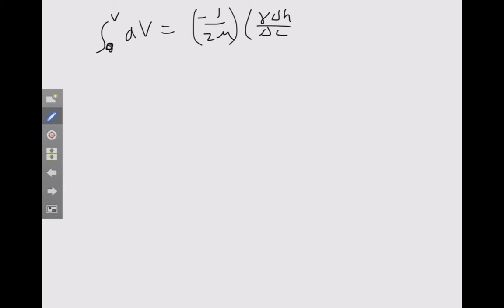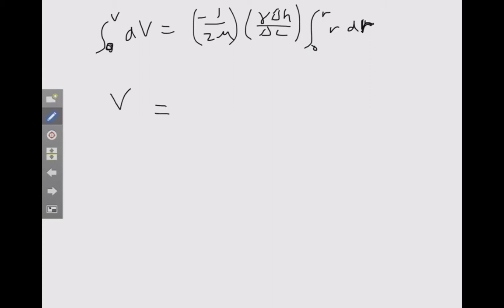That's a delta there. And our integral with respect to r now is different than the book's. This is just from 0 to r of r dr, and that's an r there. And so when we do this integration, we're going to get v on this side.